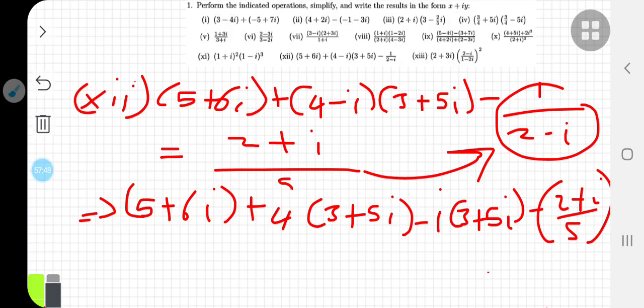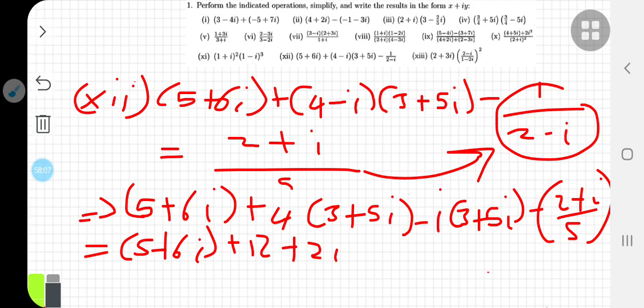So from here, I'm having 5 plus 6i, and there when I multiply I'm going to have 12, and there I'm going to have 20i, minus 3i, and minus 5i squared, minus 2 plus i over 5.